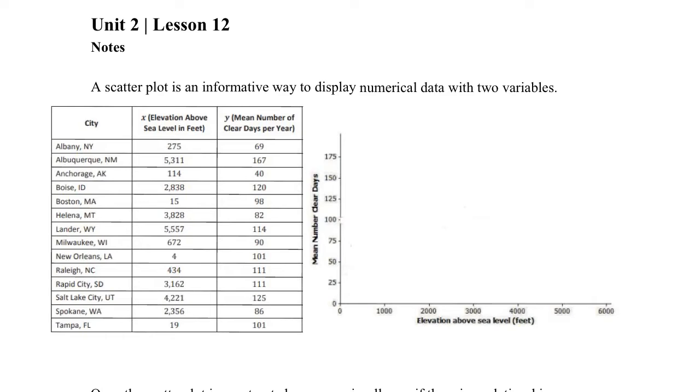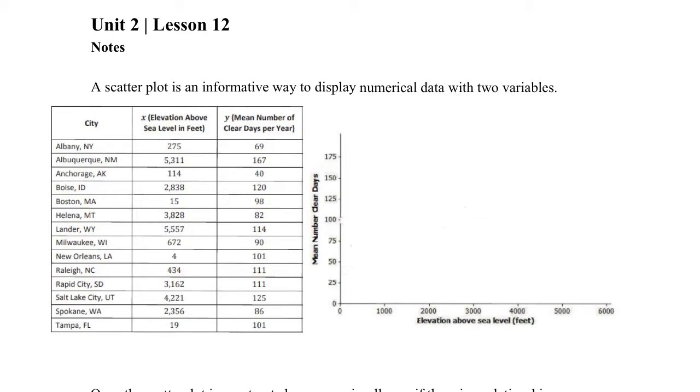So one way to view this data, as opposed to just from a table, is to create a scatter plot of the data. Now, I know you guys are pretty familiar with creating scatter plots, but just to refresh your memory, we're actually going to plot this data. For example, Albany, New York is 275 feet above sea level and has 69 clear days. This already has the scales, so I don't have to worry about that.